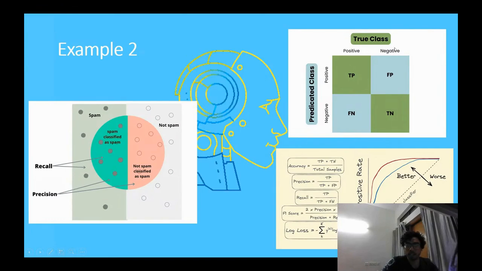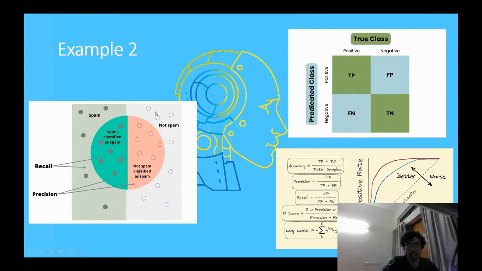On the other hand, if the true class is negative, but you are still classifying them as spam, even though they are not spam, then it is a false positive, the red region. If the true class is positive, that is, they are truly spam, and you are classifying them as not spam, then it is this dark gray shaded region, the false negatives.